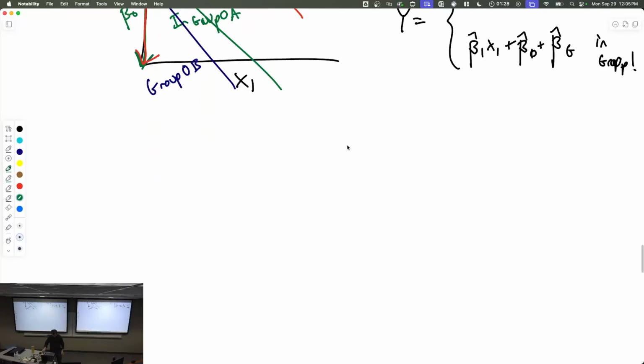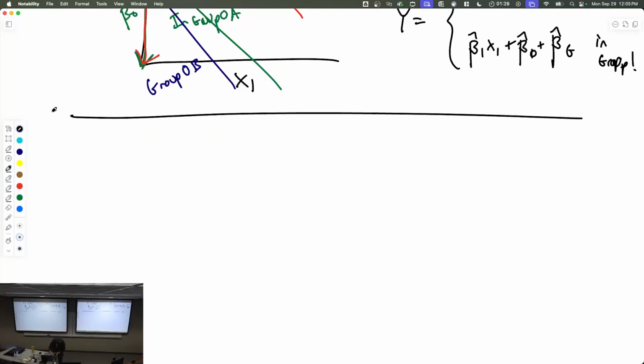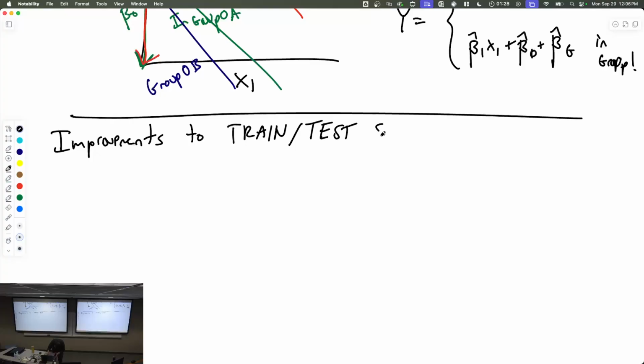So let me draw a little thing here. This is ways to improve the ordinary train test split. Improvements to train test split. And so this is cross-validation.